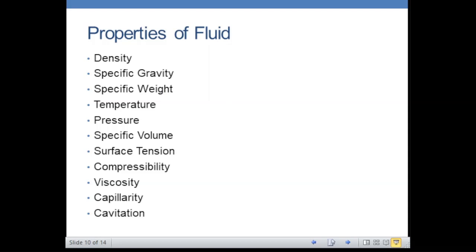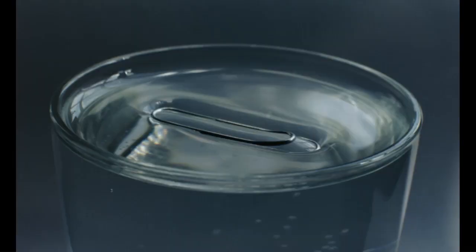If we say surface tension, that is actually the boundary between two different kinds of fluids. For example, if we look at a glass of water, you can see at the top portion there's a film. That's what we call the surface tension. So we can see the boundary there of the fluid and the gaseous form of the matter.